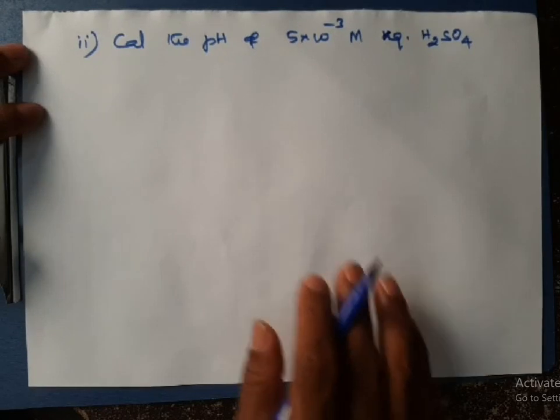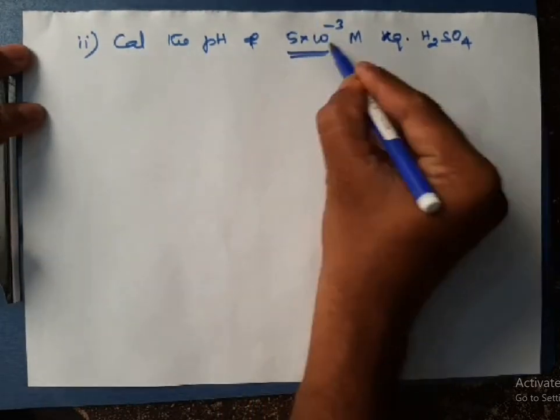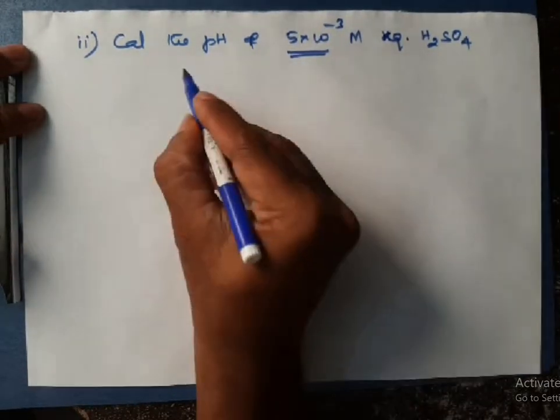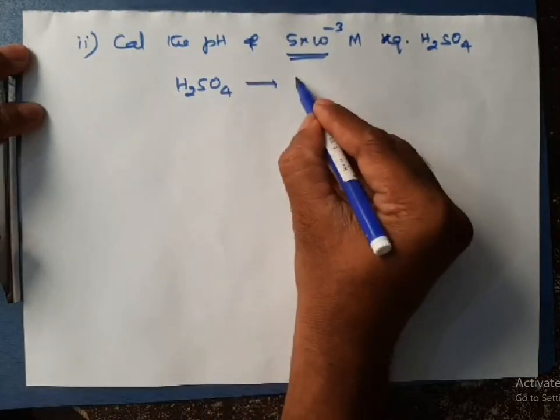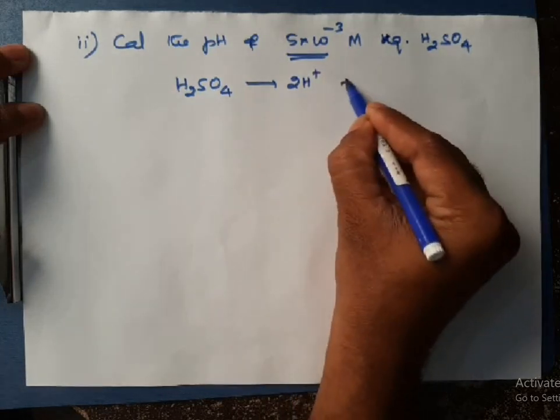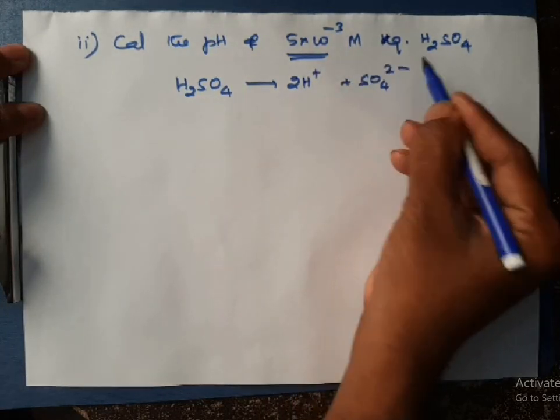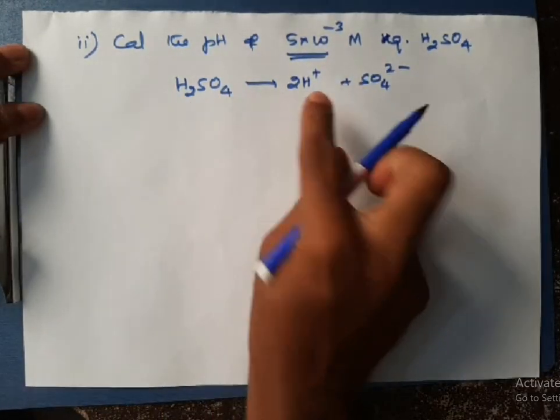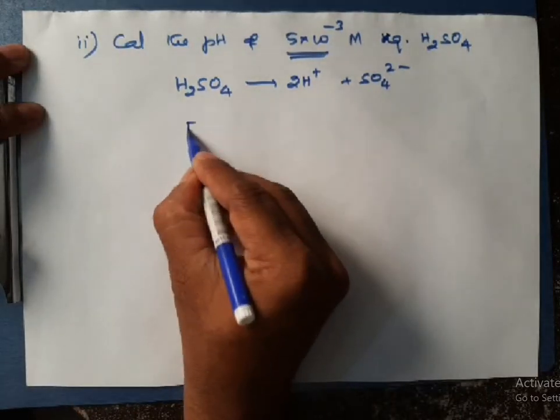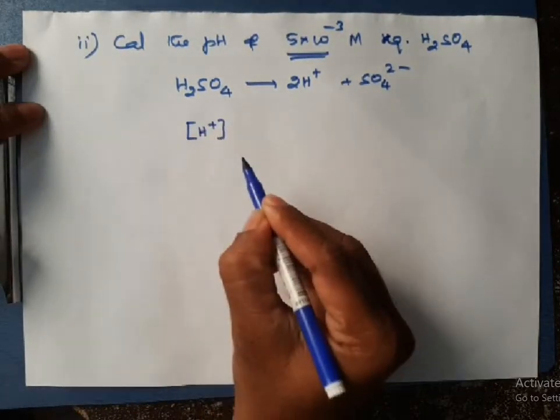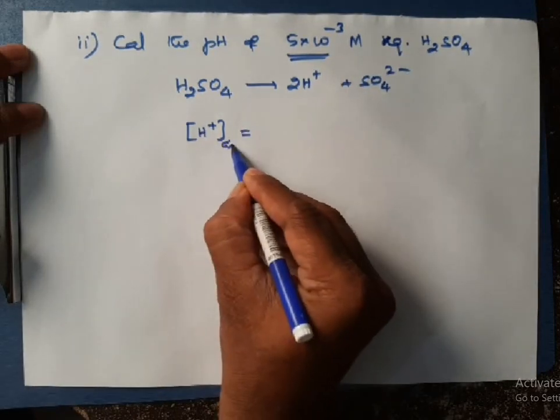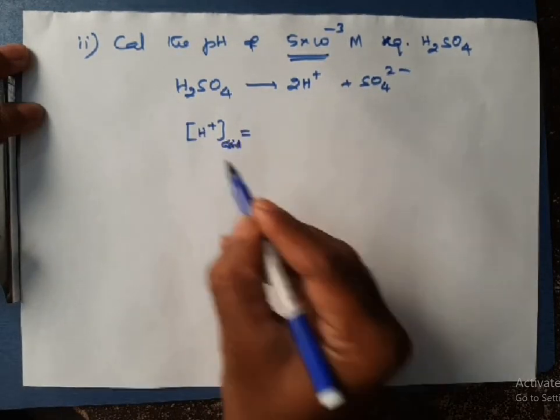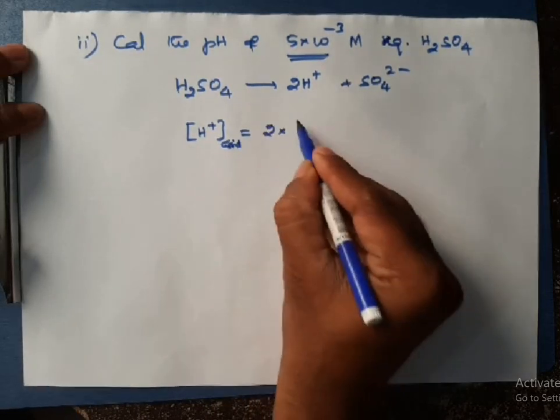Now how to do that? The concentration of acid is given, but you know very well sulfuric acid is a dibasic acid which will undergo complete dissociation and give 2 H plus ions and SO4 2 minus ion. So each molecule will produce 2 H plus. Therefore, in this case, the concentration of H plus from acid is equal to twice the concentration of the acid.